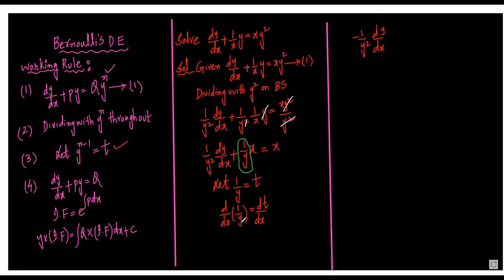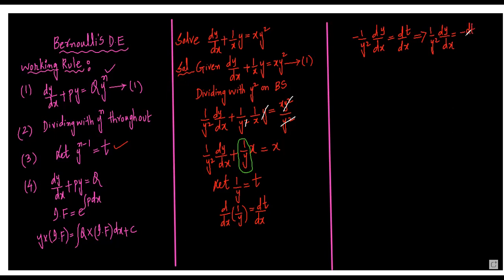If it is 1 by x, directly -1 by x square. No need to write the inner function in that case. But now it is y, that is why we have to write the inner function also. D by dx of t will be as it is, which means that if you transfer this minus sign that side, we are getting 1 by y square dy by dx is equal to minus dt by dx.